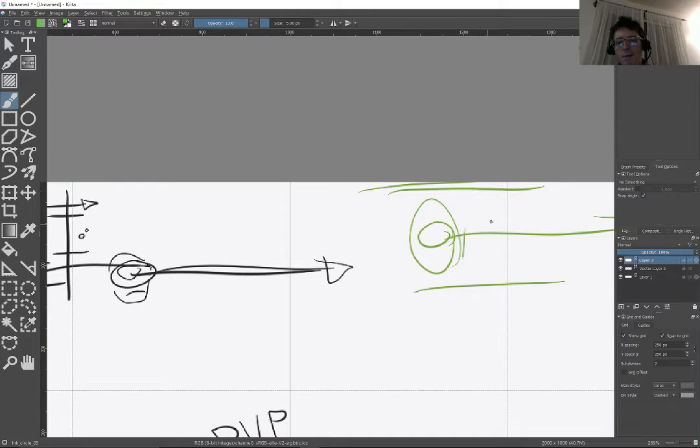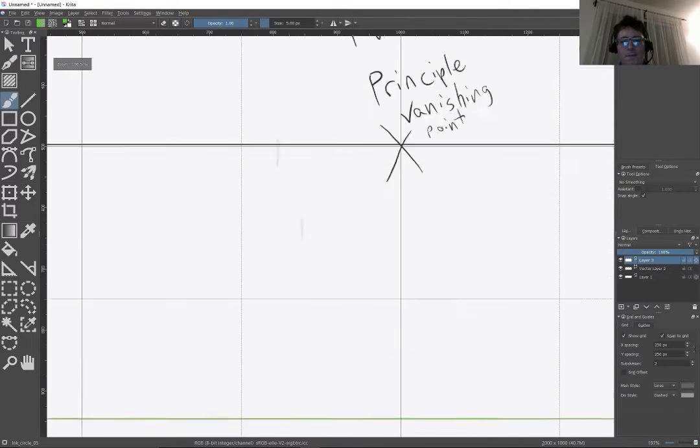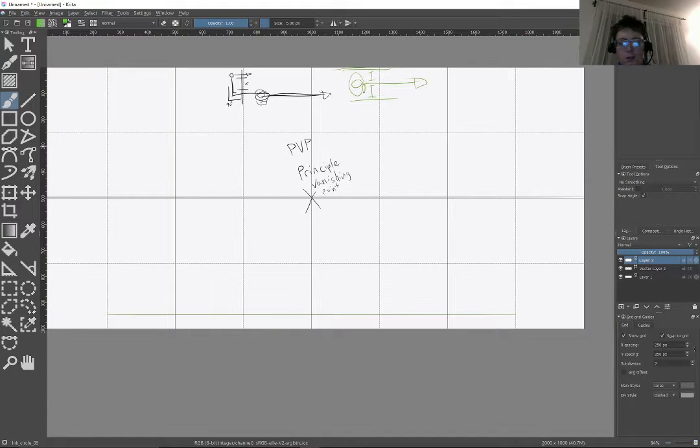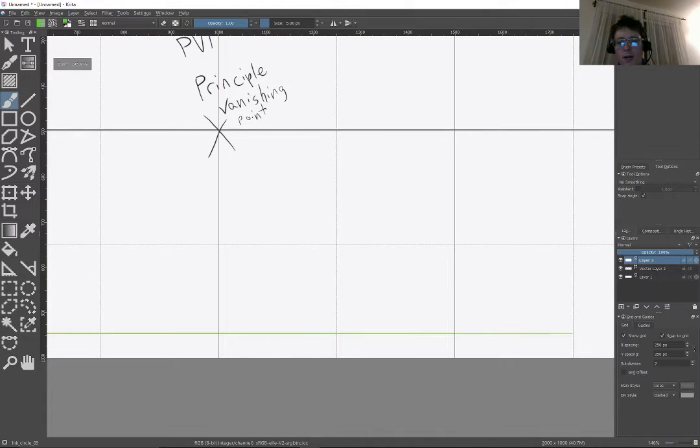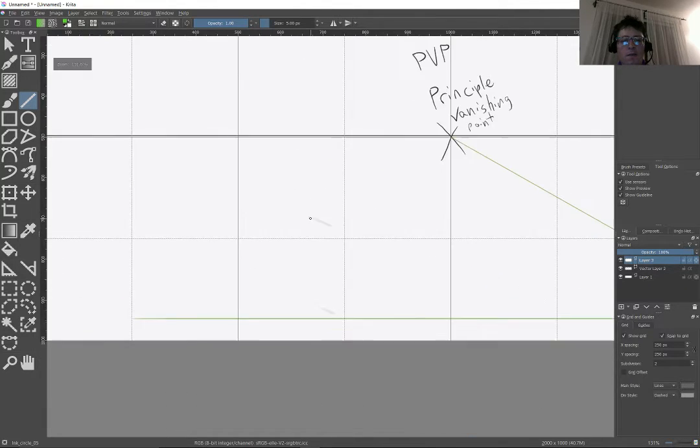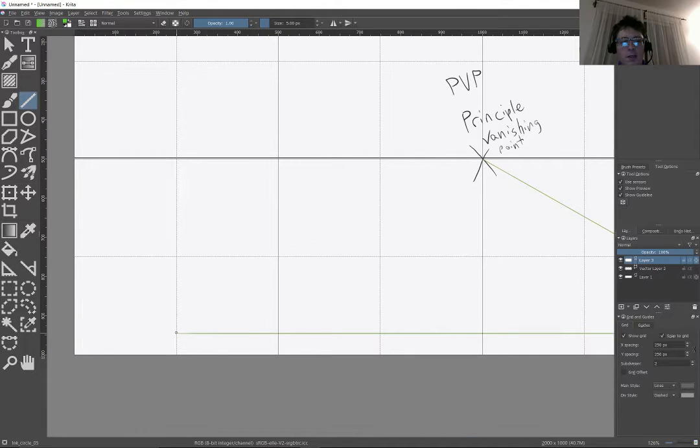The same amount of distance on this side of the sidewalk as there is on this side. So what happens is all of our lines on the ground that we drew from that top view are going to converge at this principal vanishing point.